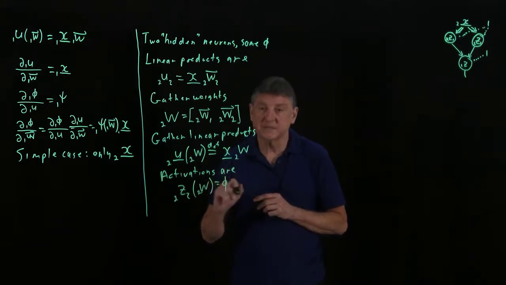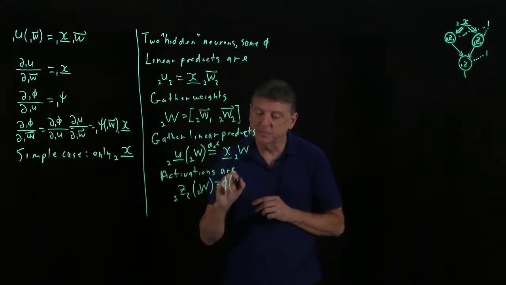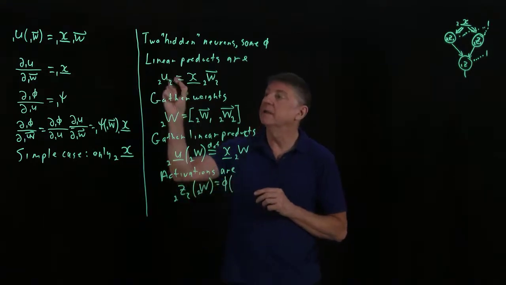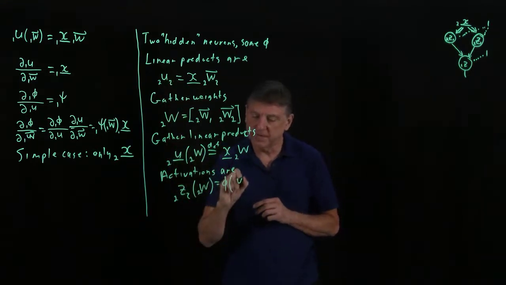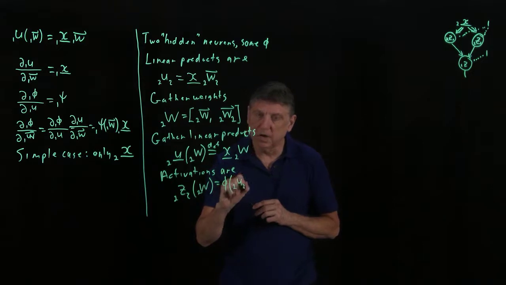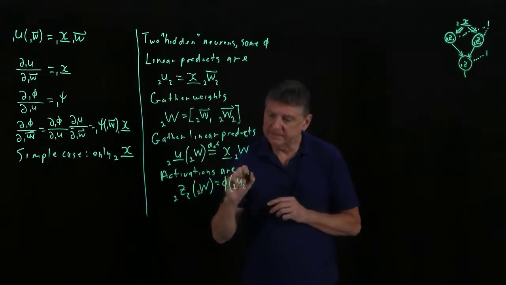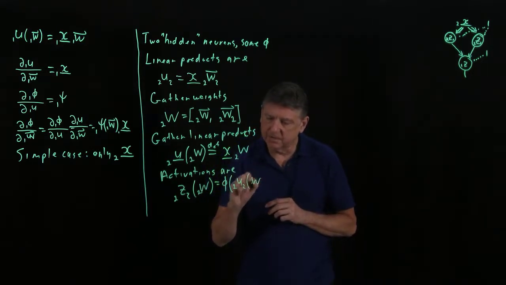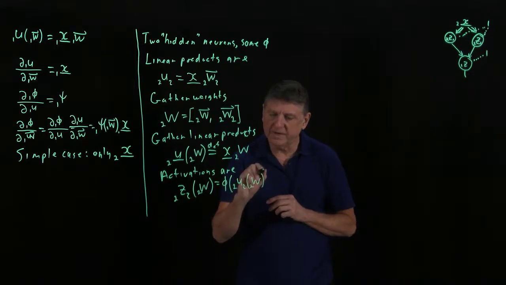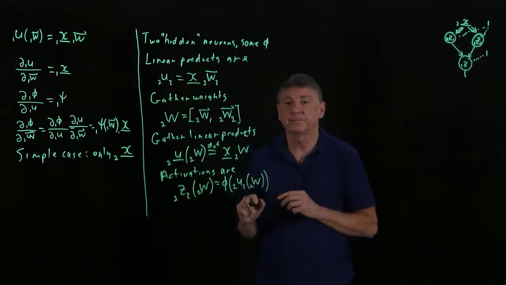We'll always use this same activation function, and this will be operating on this term. So that'll be U2i, which is itself a function of the weight matrix for the hidden layer.